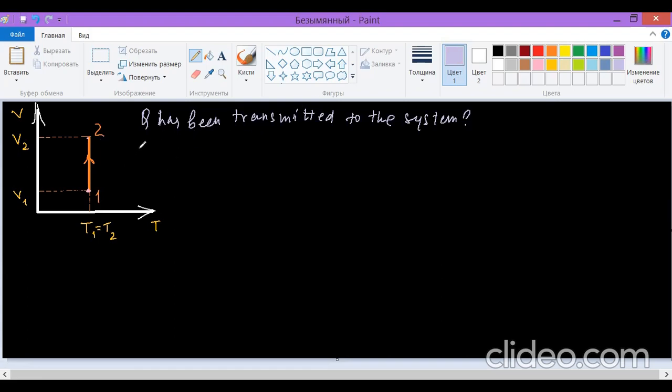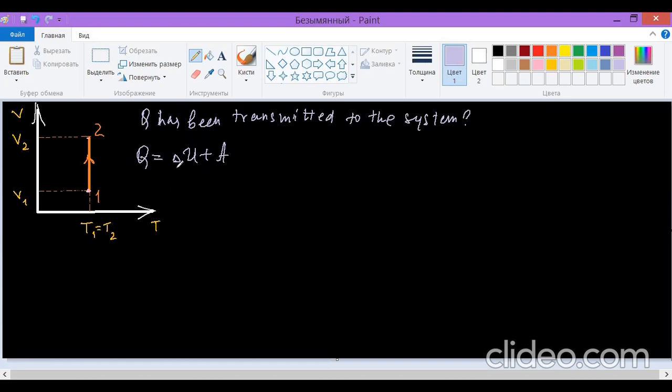Let's write it down: Q equals delta U plus A, where Q is the amount of heat transmitted to the system, or maybe taken away from the system. Delta U is the change of internal energy, and A means expansion work done by the gas.